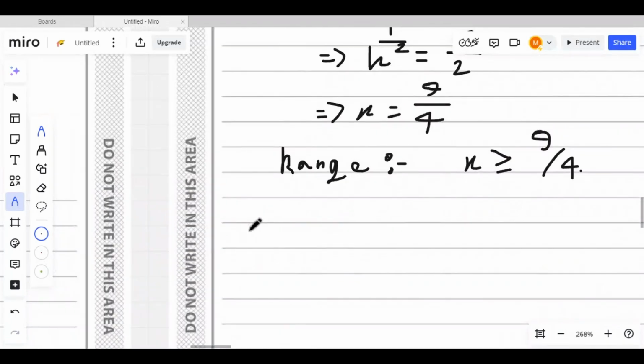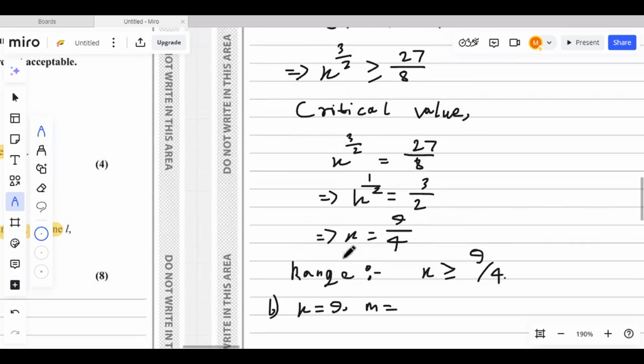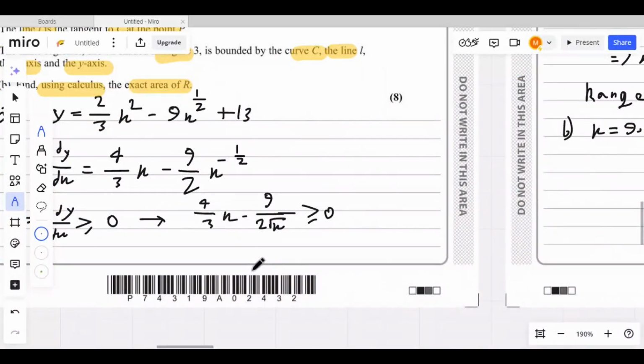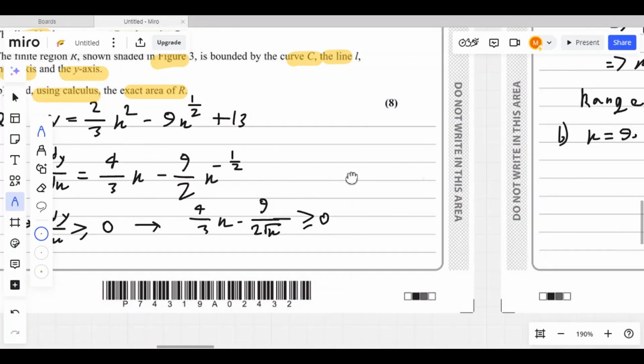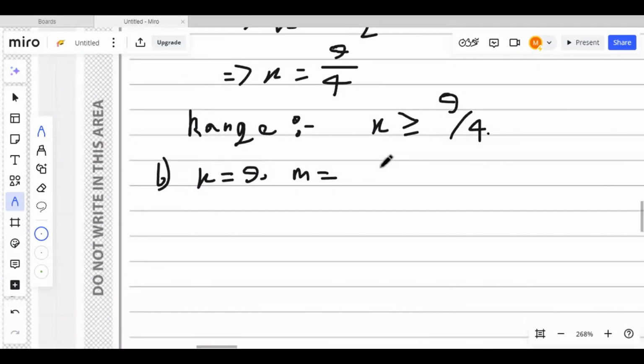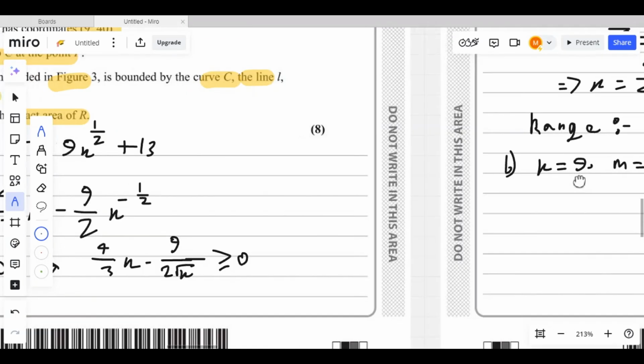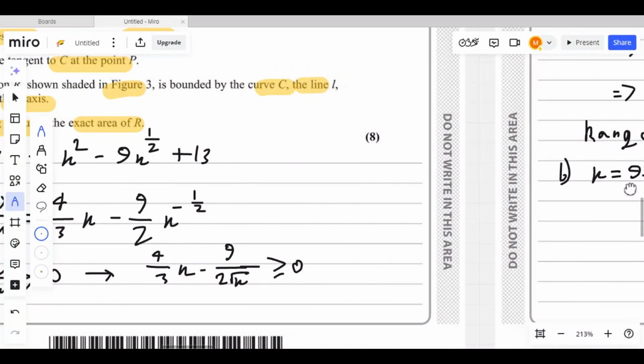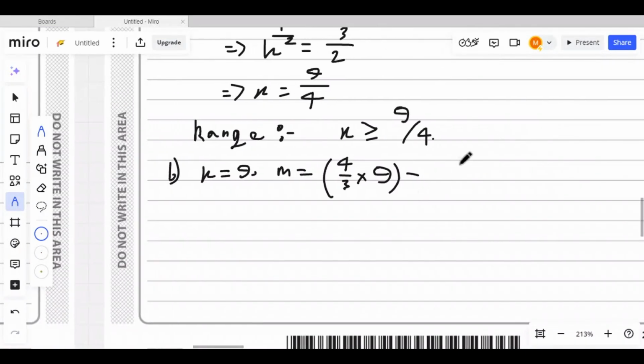For part B, when x equals 9, what's the gradient of the curve? 4 over 3x. So 4 over 3 times 9, minus 9 over 2 square root of x, 9 over 2 times 3.